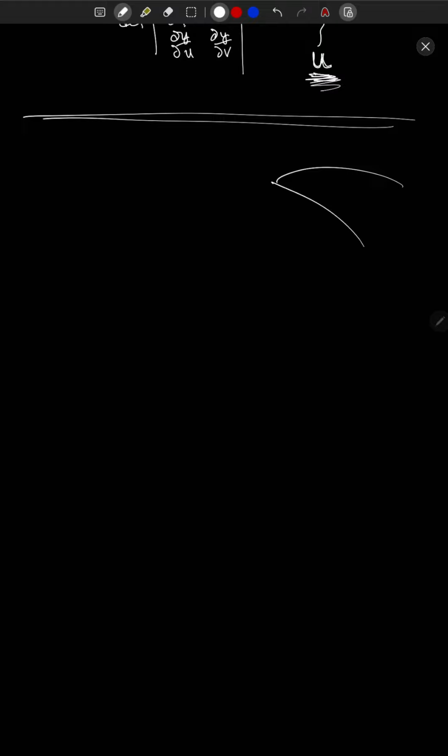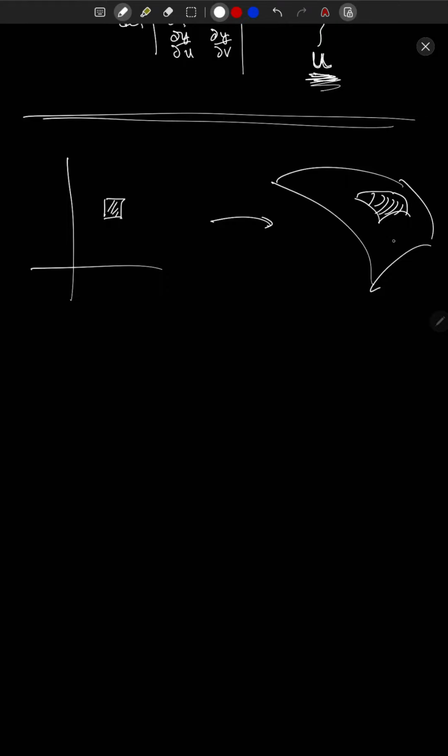Now we have a surface here. We have our mapping here. We have a rectangle there. It maps to something which is not a rectangle, something kind of ugly looking and curved. We would like to integrate on this surface, meaning we want to add up values on the surface. So we want to chop this surface up into small pieces, add up the value at each piece and so on. But of course, that's too hard, so we want to do it in a two variable setting in the U and V plane.